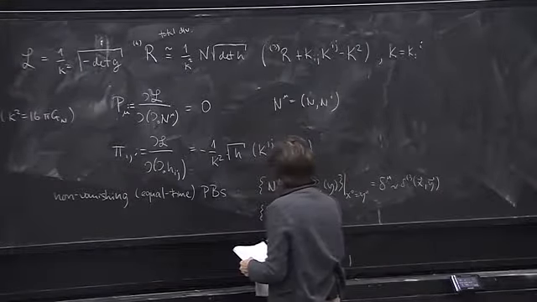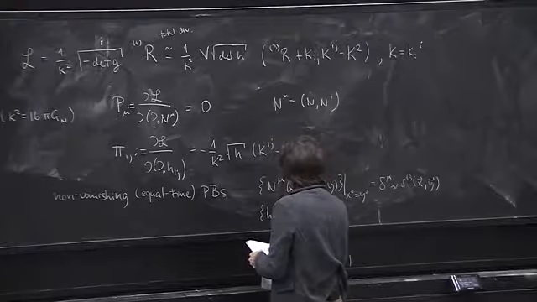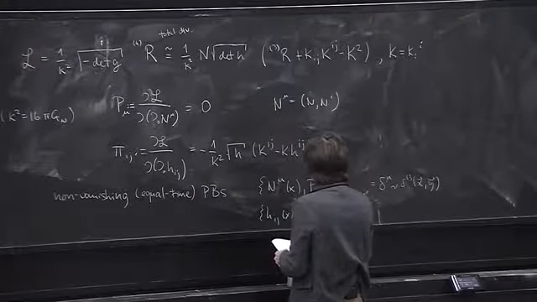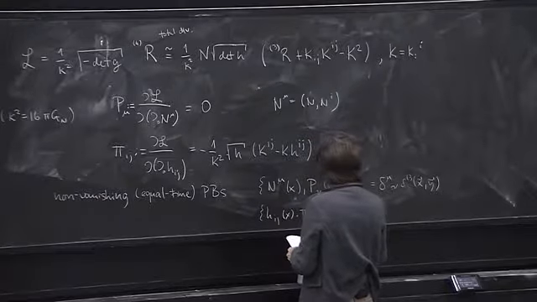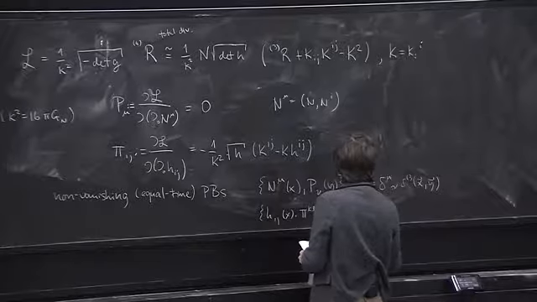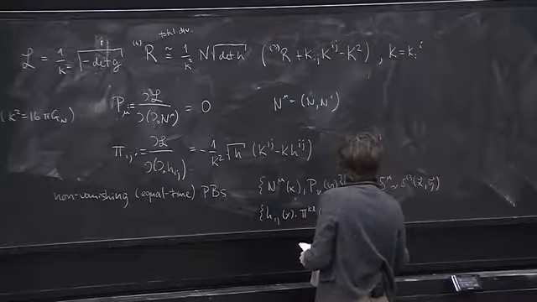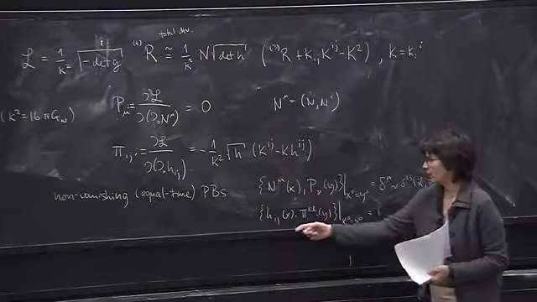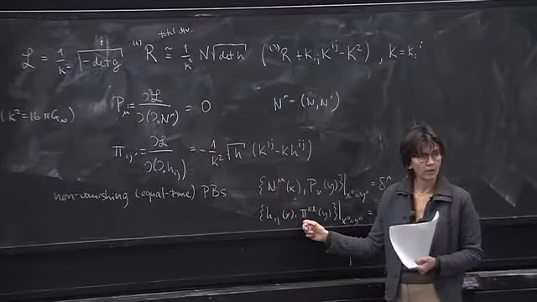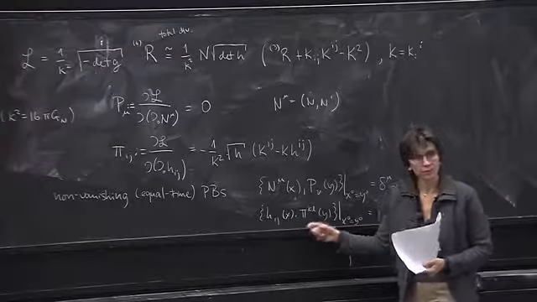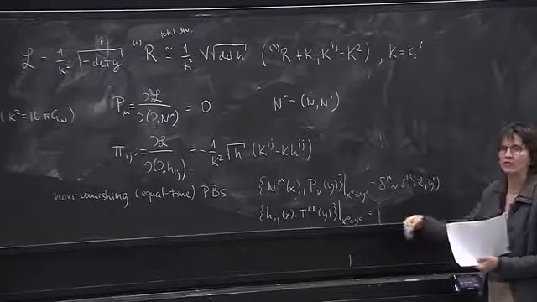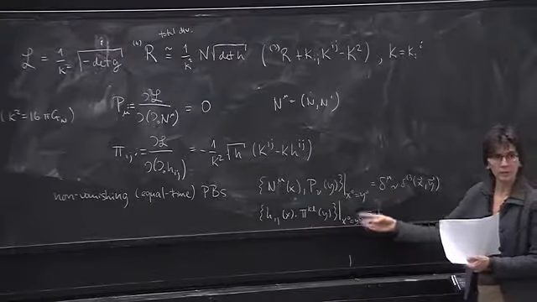And similarly for h_ij and the conjugates π^kl, also at equal time. Now, the only slightly non-trivial thing is that these are both symmetric tensors. So that's then reflected in a specific structure for the delta functions that appear on the right-hand side, which must share the same symmetry properties.